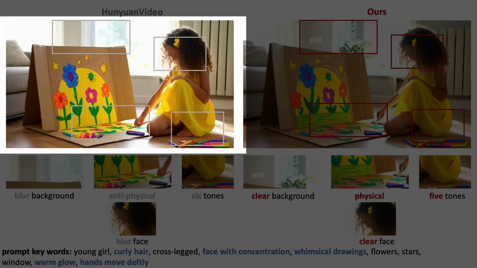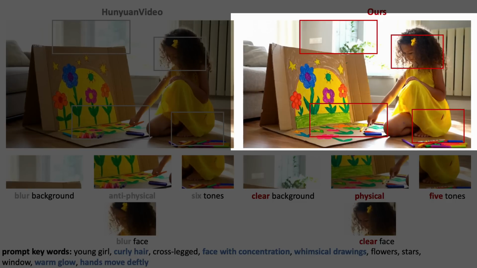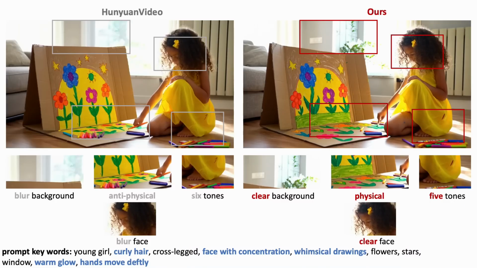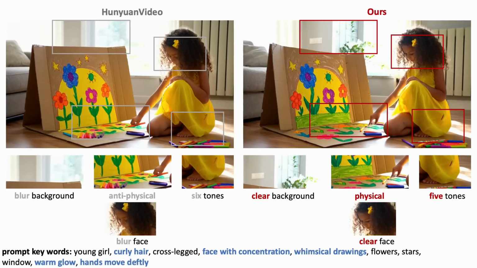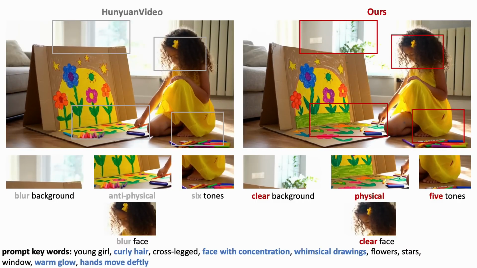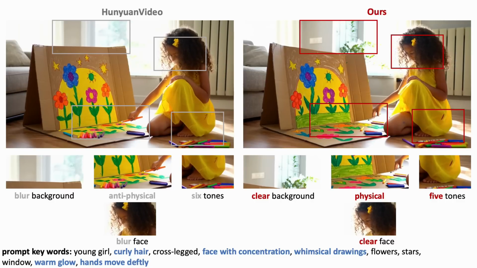Note that if you add Enhance a Video, it's really good at adding more detail and correcting things in the video. So for example, you can see in the areas they've highlighted, the background is a lot clearer, her face is a bit clearer as well, and she has 5 toes here, whereas Hunyuan's video has 6 toes.